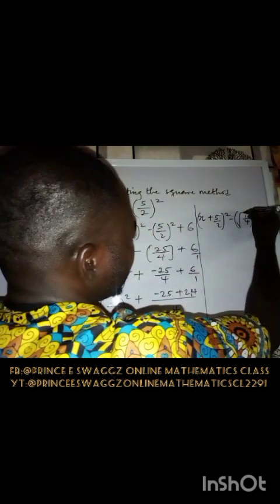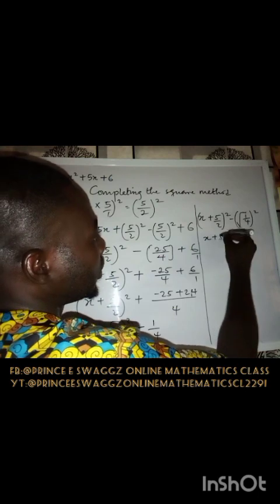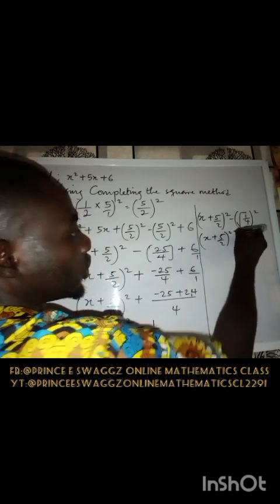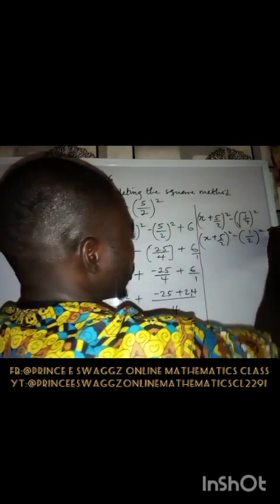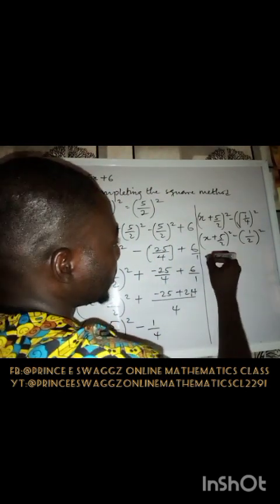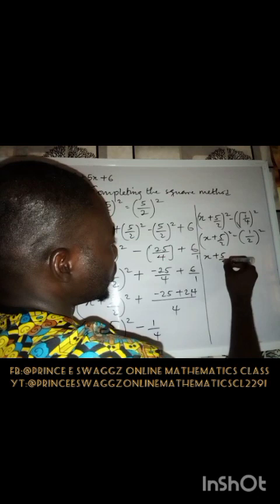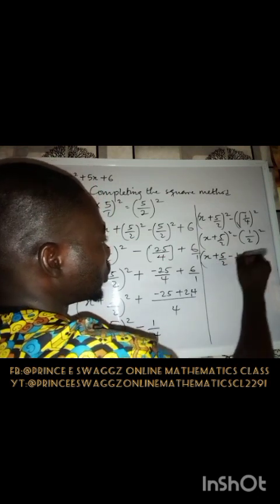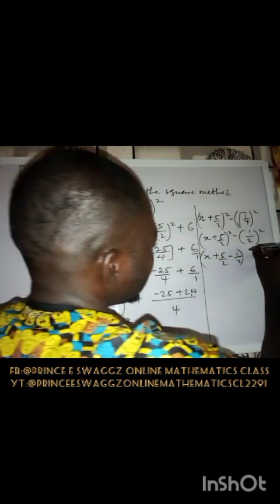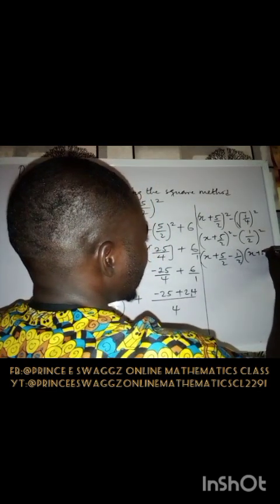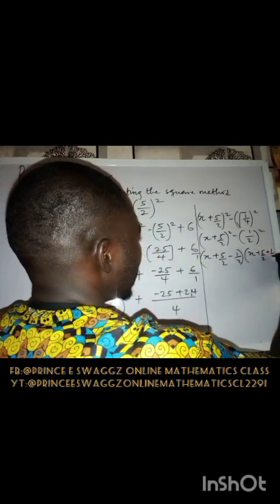So now x plus 5 over 2 all squared, the square root of 1, that's 1, the square root of 4, that's 2, all squared. Now it has given me a difference of two squares. So I now pick the negative part, x plus 5 over 2 minus 1 over 2. Then the positive part, x plus 5 over 2 plus 1 over 2.